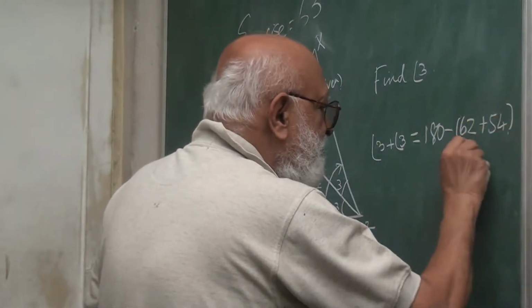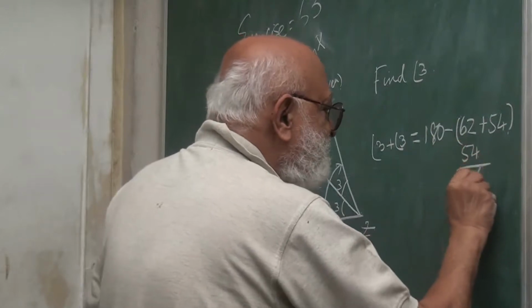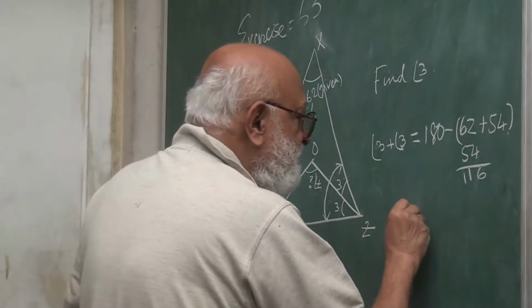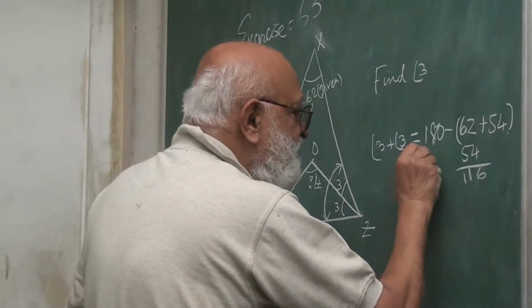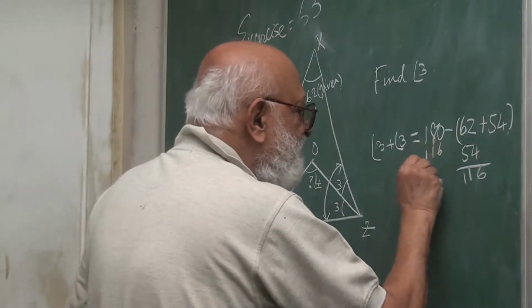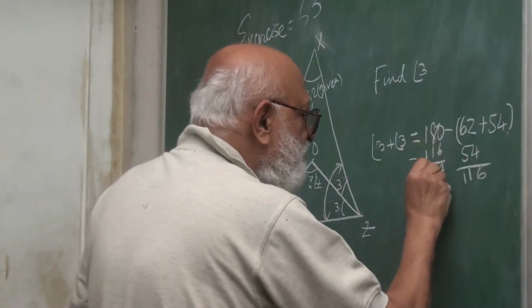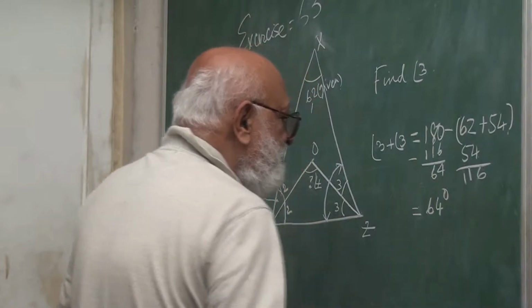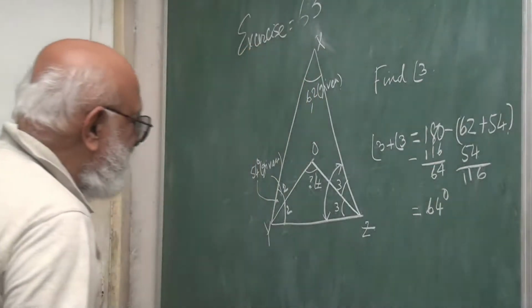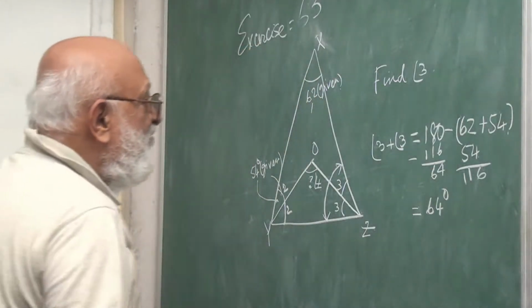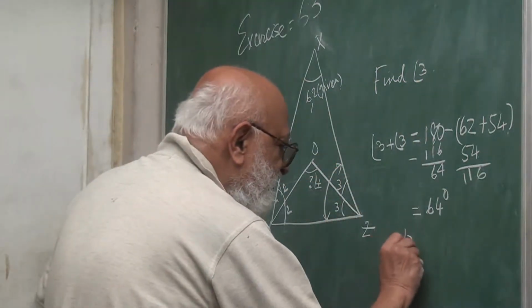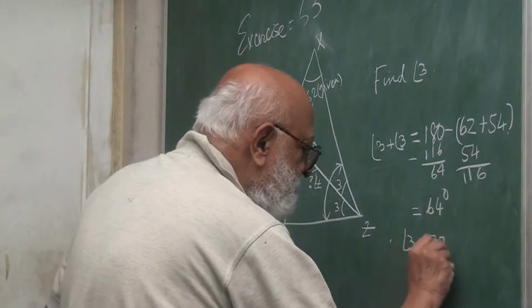Okay, 62 and 54, what is it? 116, right? If I subtract 116 from 180, this is 64 degrees. So find angle 3. Half of it, therefore angle 3 is equal to 32 degrees.